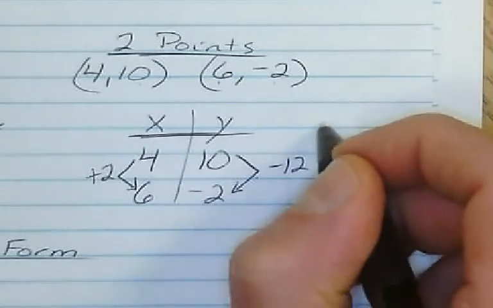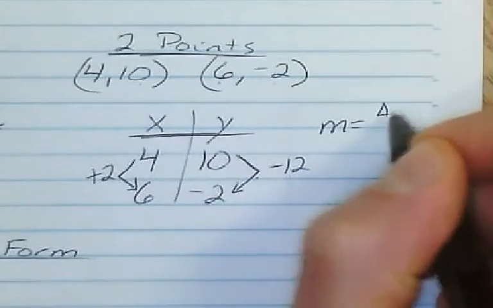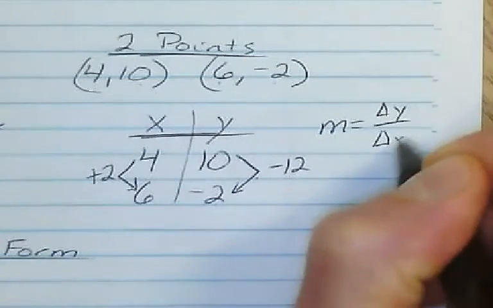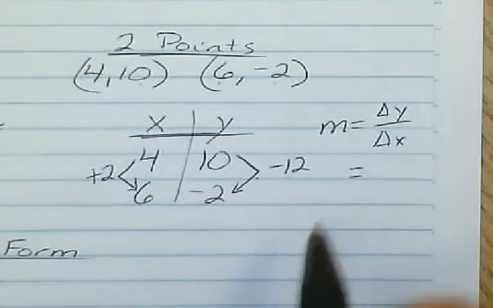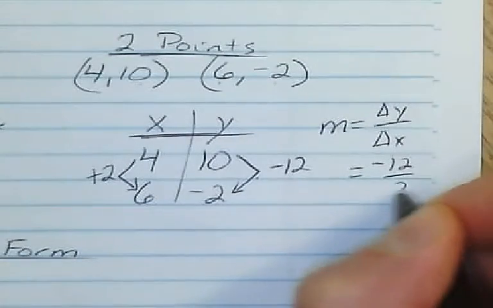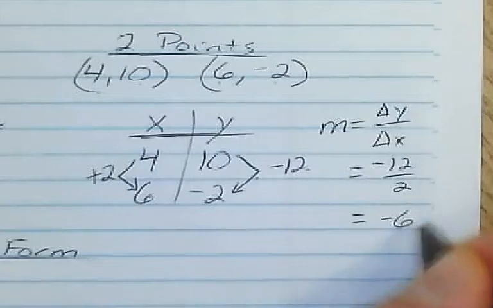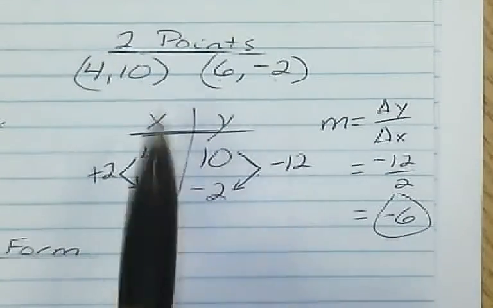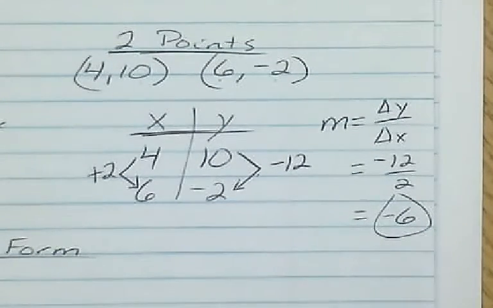Now slope is change in y over change in x. You might also hear rise over run. So we have negative 12 over 2, and that simplifies to negative 6. So the average rate of change for that line is -6. If you can envision that, that's a negative slope, which is falling.